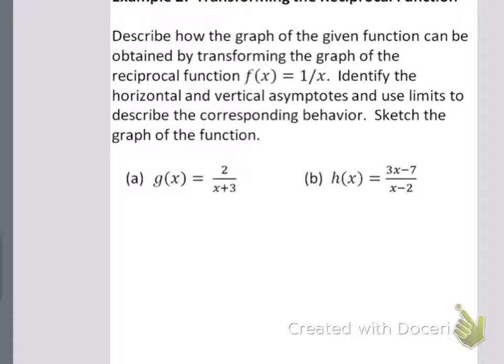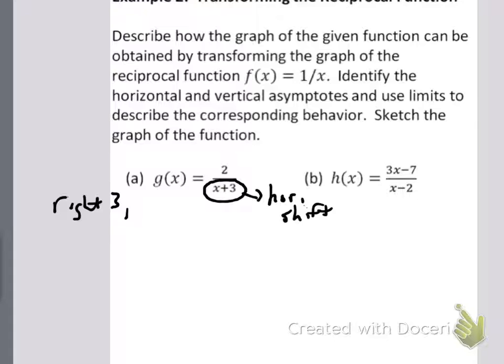First things first. Okay, if you have something like x plus 3 in the bottom, that's going to be a horizontal shift. Okay, so we're going to shift to the right 3.